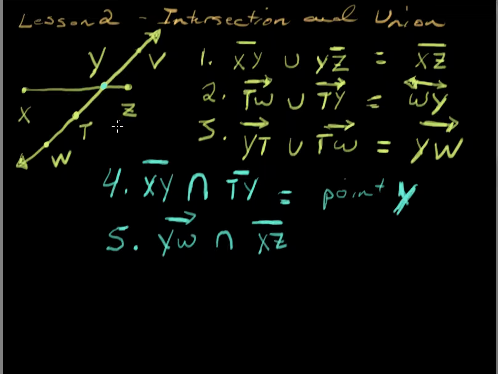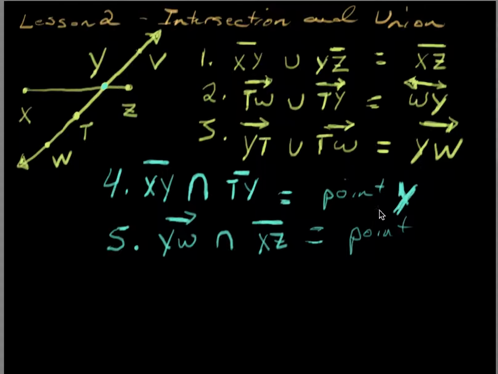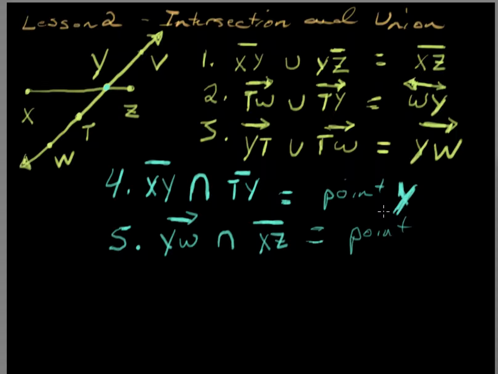And this, of course, will be point y again. Y, W, the ray, all the way out, and XZ, the line segment, the only thing they share in common, again, is point Y. Let's come down and do example 6.